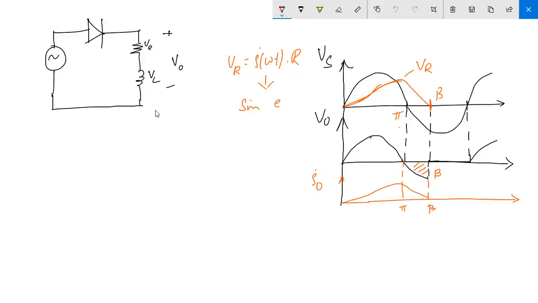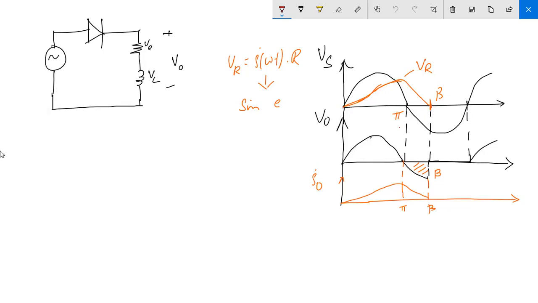There, in the last load which we have discussed, we have seen the RL load, and we have seen that as you increase the inductance value, your current waveform becomes continuous. Continuous means it does not touch the zero value, and if the current touches the zero value, that is called discontinuous.